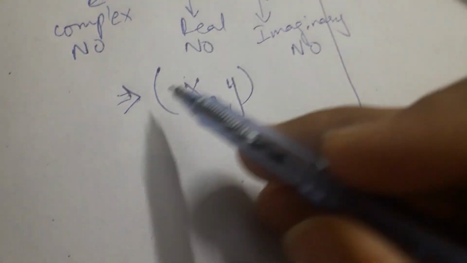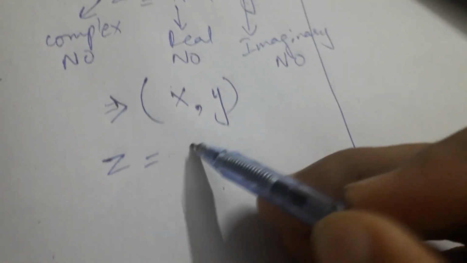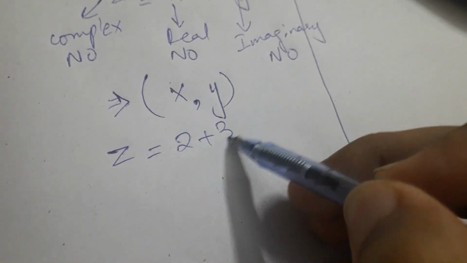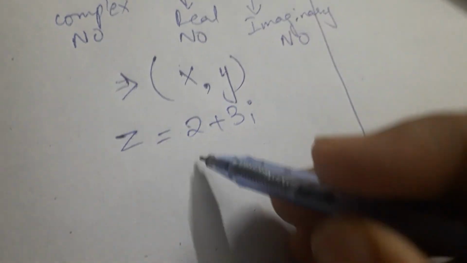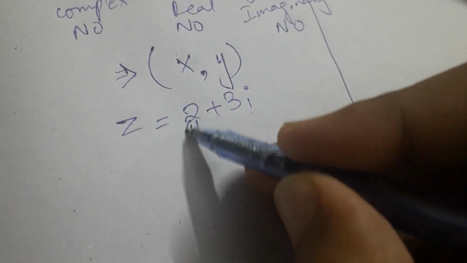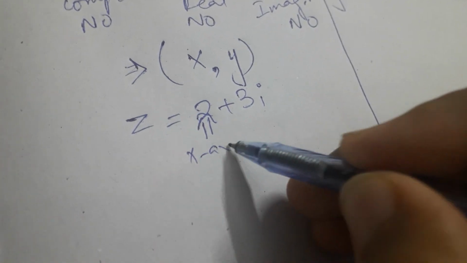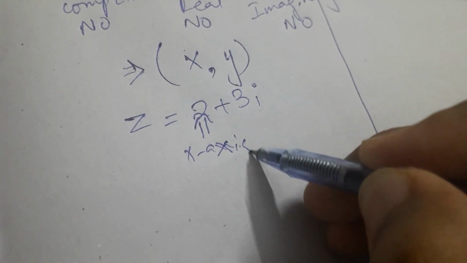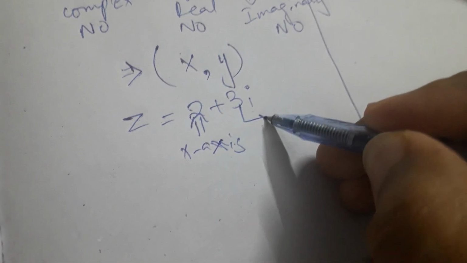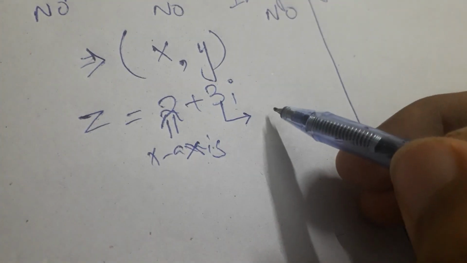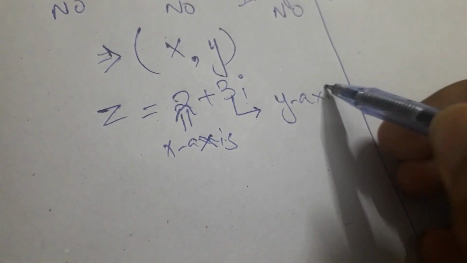Okay, let's move towards a question. 2 plus 3 iota. How can we draw it? Real number is drawn on the x-axis, while imaginary number is drawn on the y-axis.